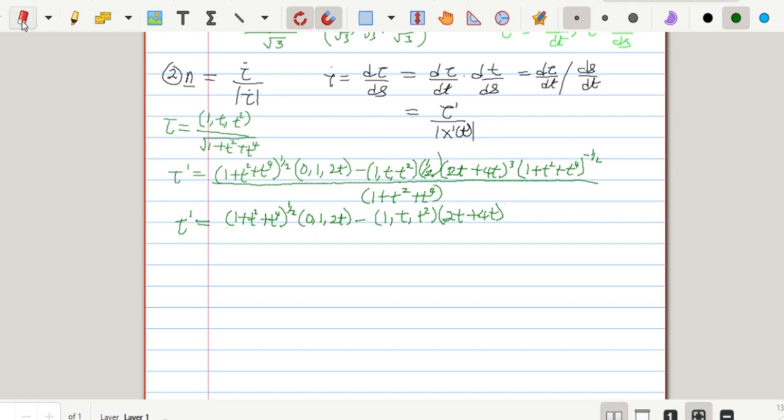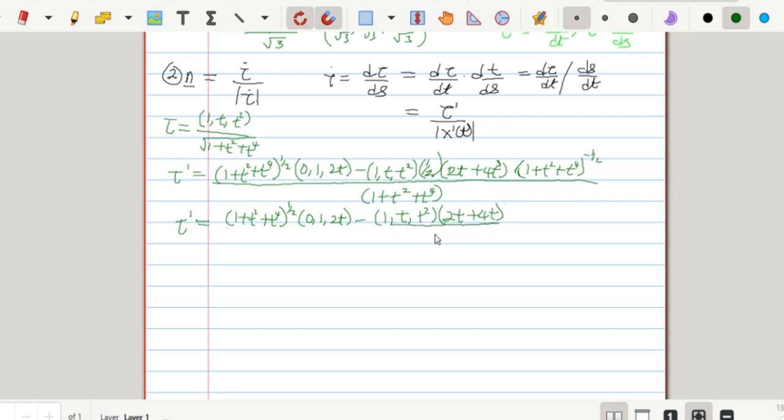Sorry, there's no power of 3 outside here. The 3 is inside, there is no outside.